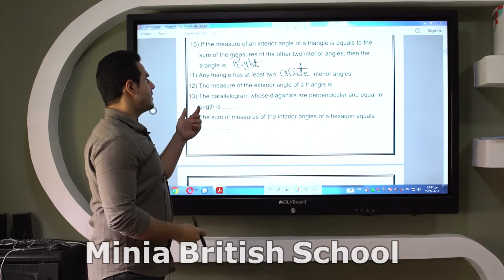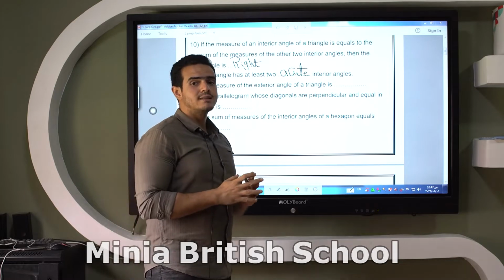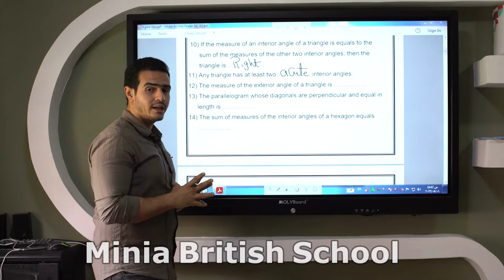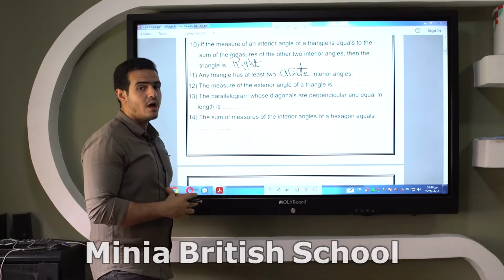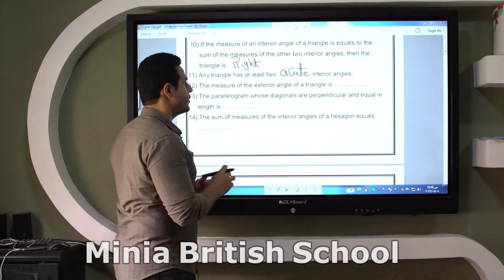Okay, the measure of the exterior angle of a triangle. We have a fact that the sum of the measures of all exterior angles of any quadrilateral equals 360. What about if we want to find one exterior angle?